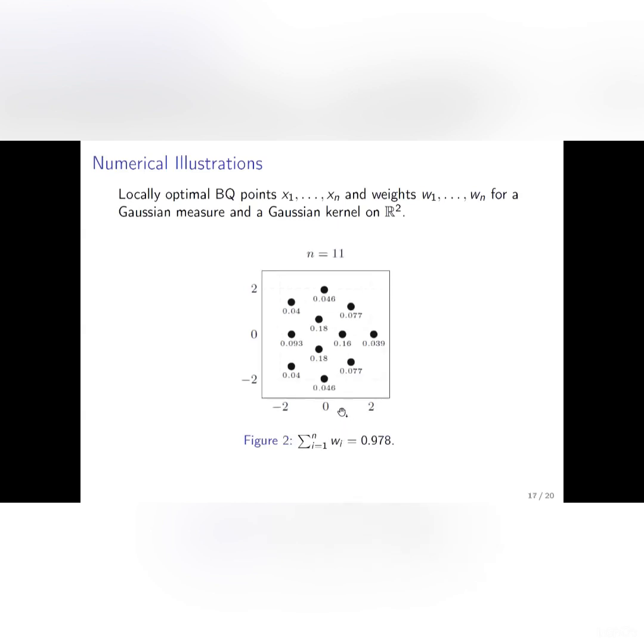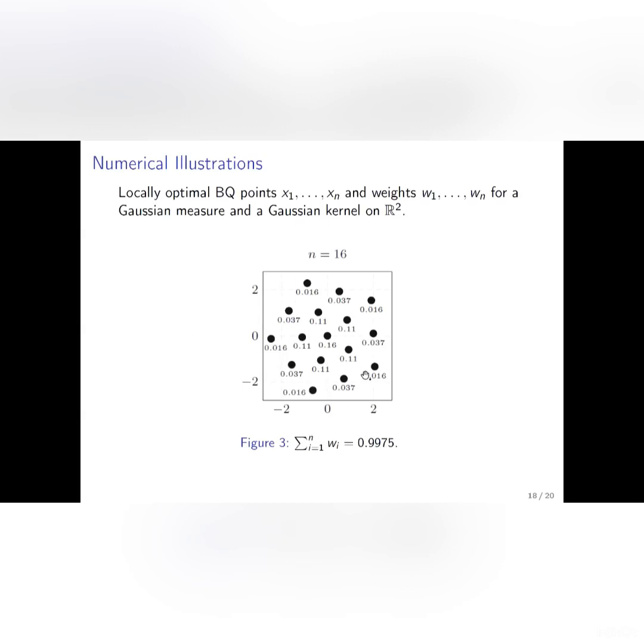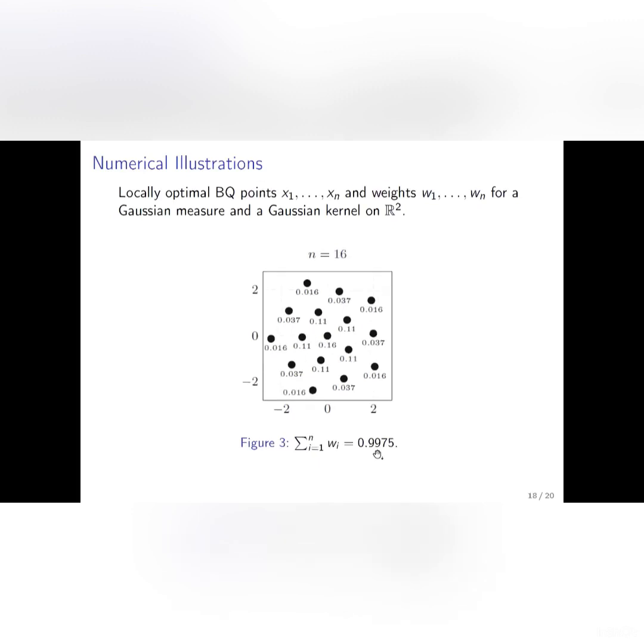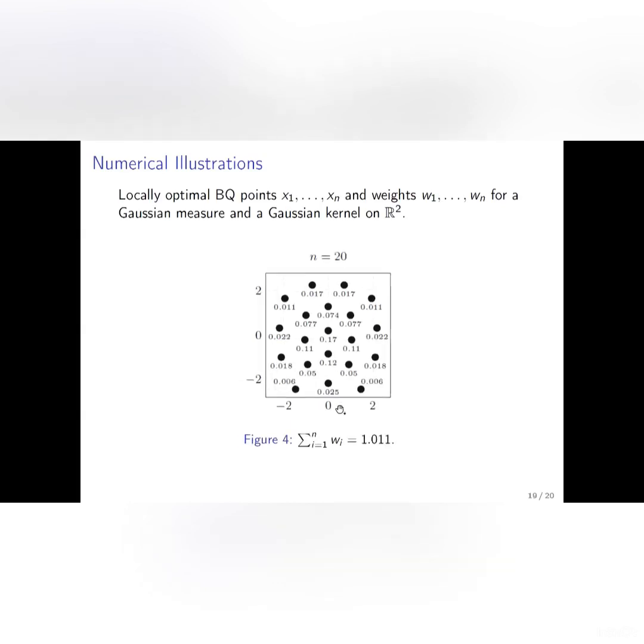And this is the case of n being 11, with a similar result here. As n increases, you can see that the sum of the weights is getting close to 1 as well.